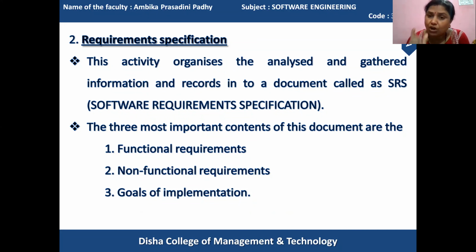The information is written in the specification document, which is called the software requirement specification document. Whichever information is contained in the software requirement specification document, only that will be further designed and developed in order to reach the system's output properly.